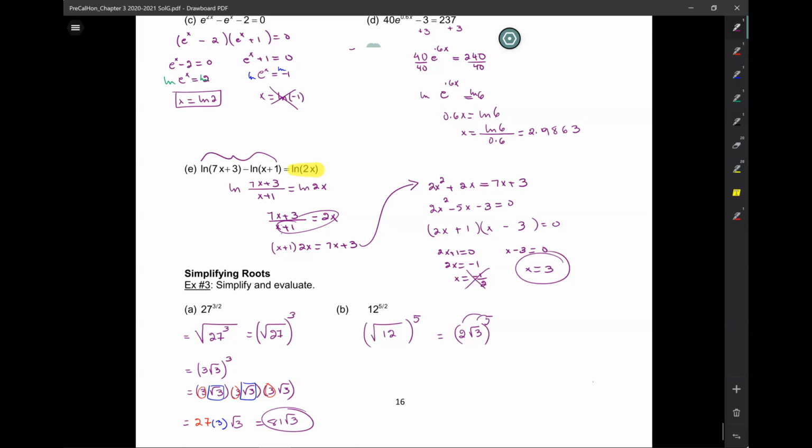So 2 to the power of 5 times root 3 to the power of 5 is essentially what I have here. 2 to the power of 5 is 32. And what's root 3 to the power of 5? That's 5 of these, right? So it's 3 times 3, 9 root 3. Okay, so finally, of course, we can multiply the 32 and the 9, and we get 288 root 3.